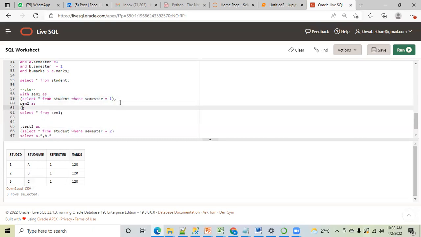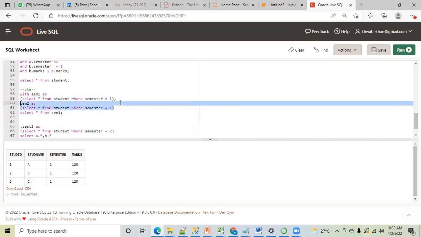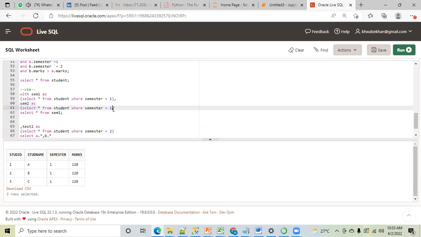I know this is a bit complicated, but don't worry. The lines 60 and 61 which I have highlighted, what I'm doing here, just these 2 lines, tell me the meaning of lines 60 and 61. Who will explain what I'm trying to do here? You are storing this query into SEM2.